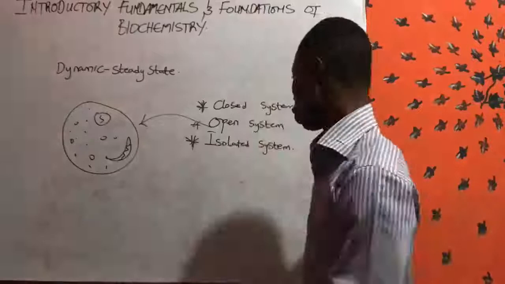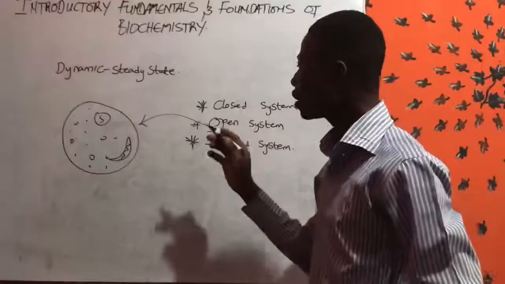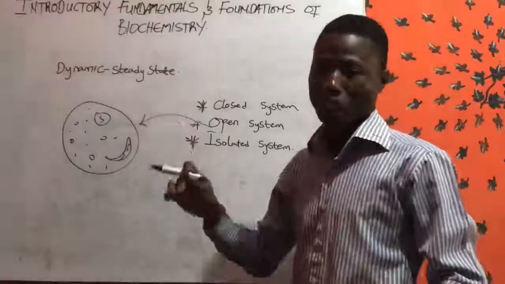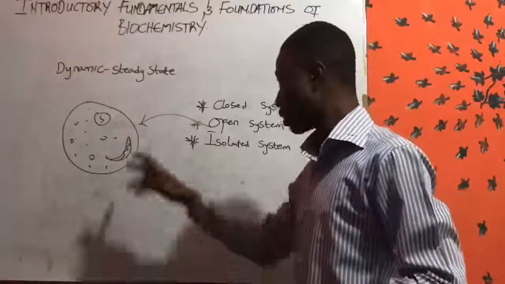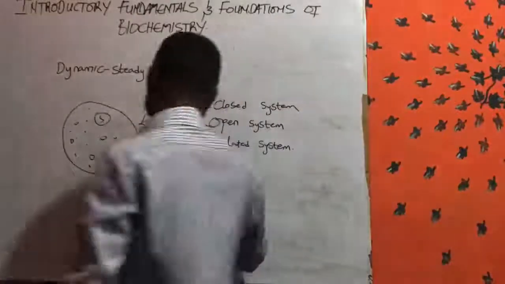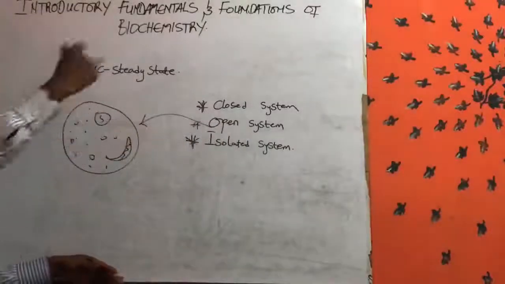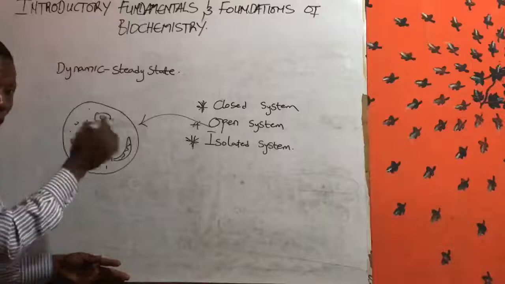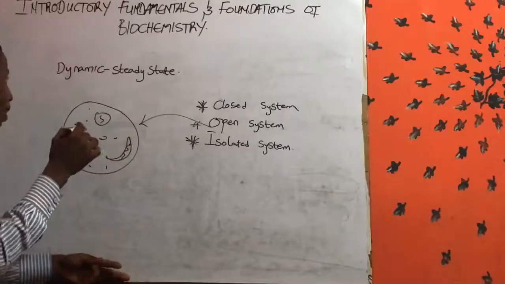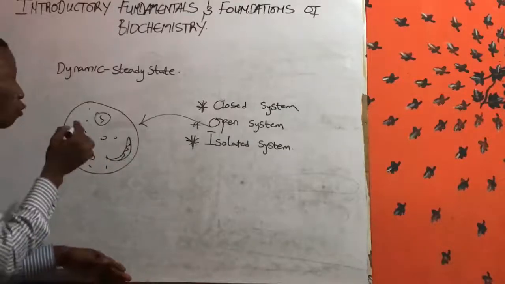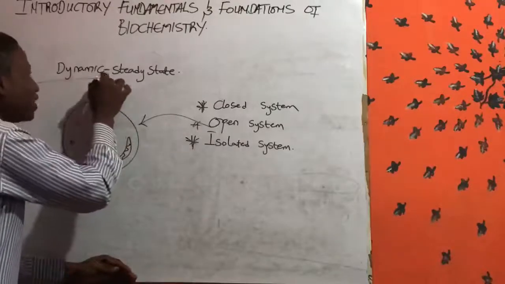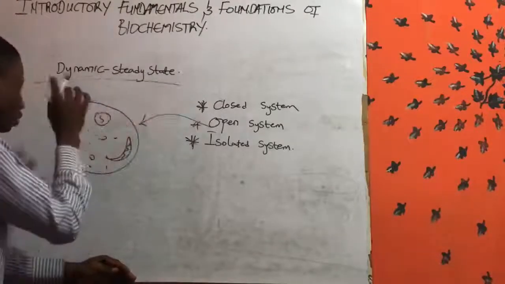Despite the fact that my internal environment in a cell is not in equilibrium with the external environment, there is an exchange of both energy and matter. The exchange of both energy and matter is dynamic and steady.